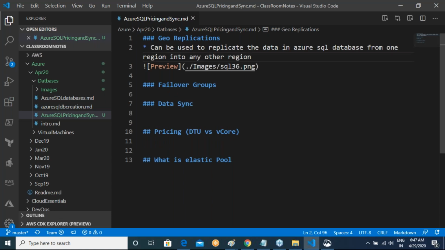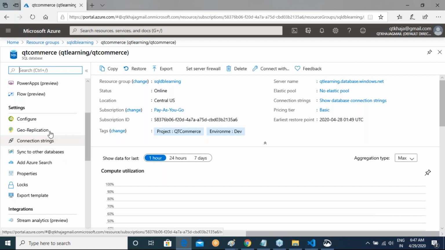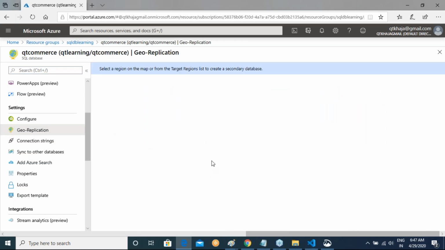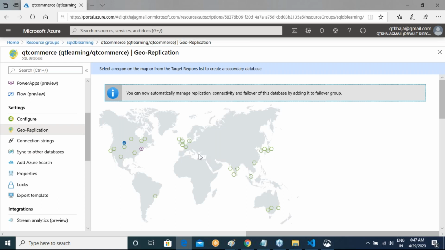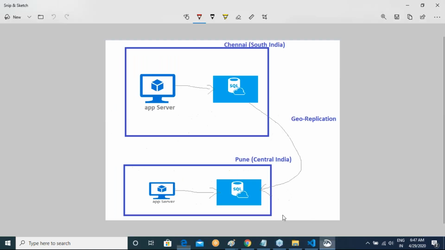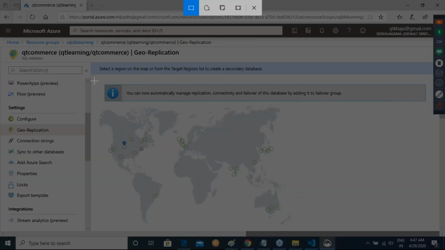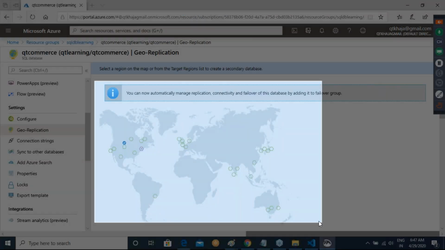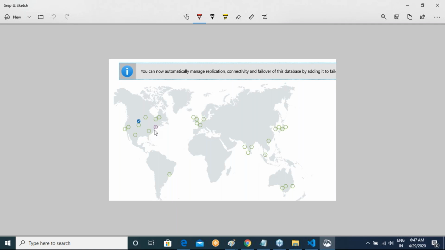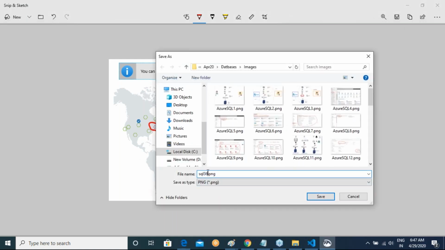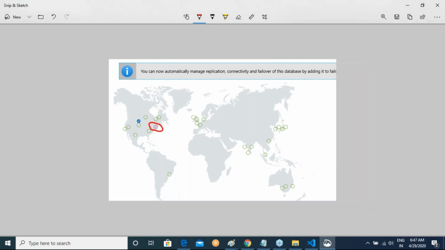Yesterday also I think I showed you the options. Today also I am showing you the options, but in this I will show you one interesting thing. When you look at this map, Azure tries to put all the regions in green color, but this is the only region which is in purple color.